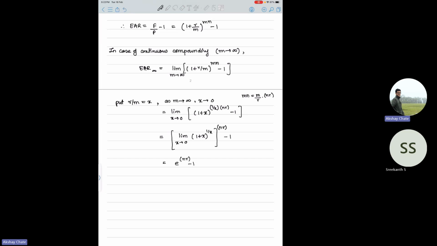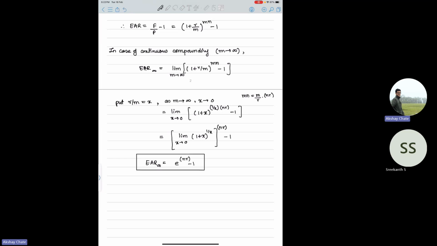So this is a classic result. This is the special formula for your continuous compounding effective annual rate.